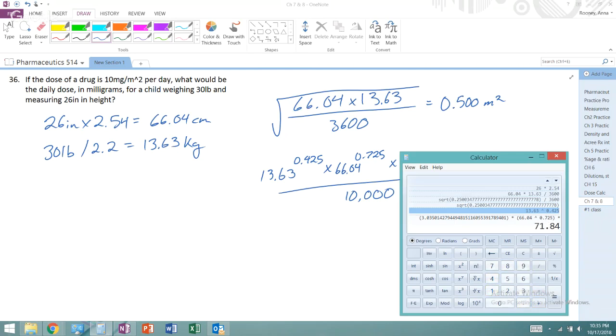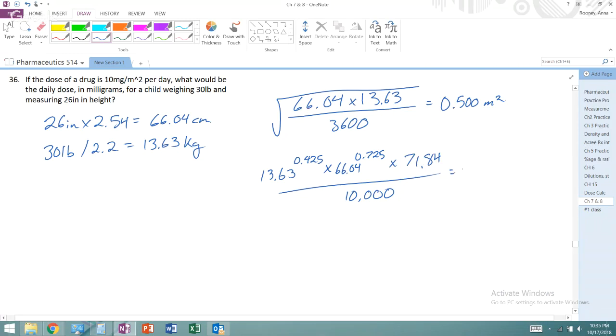I have it written down on another piece of paper because I was double checking all these calculations. I do not know this off the top of my head. And then that's divided by 10,000. So that one is 0.454 meters squared.